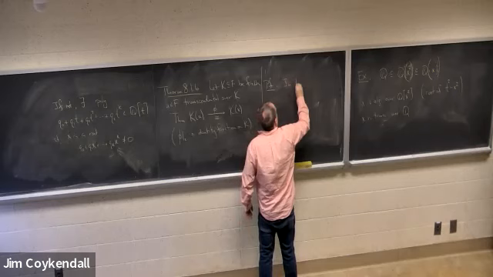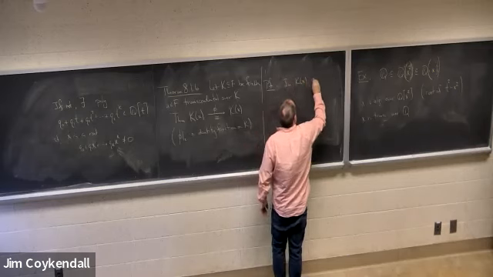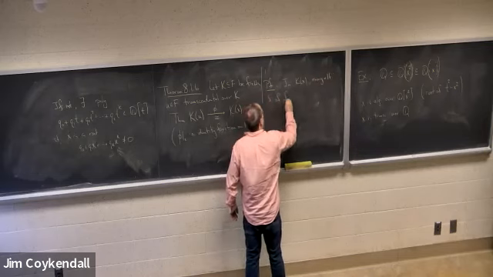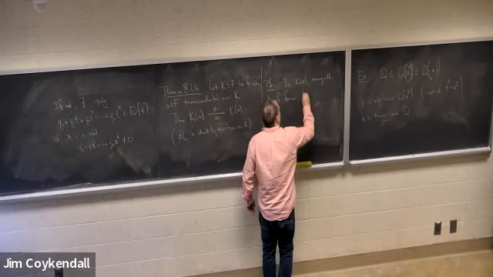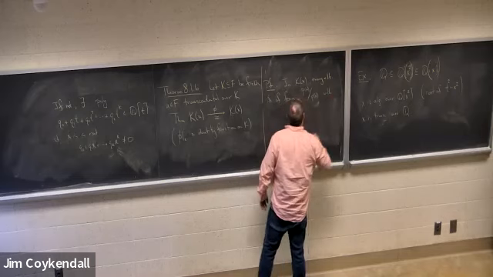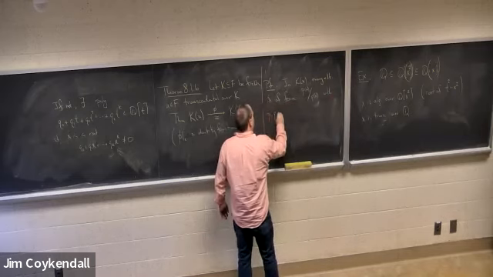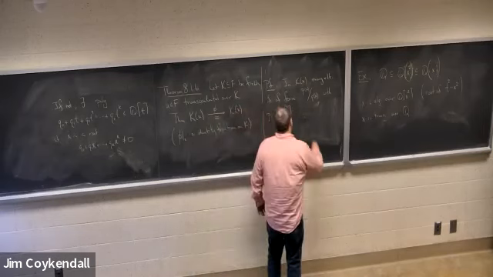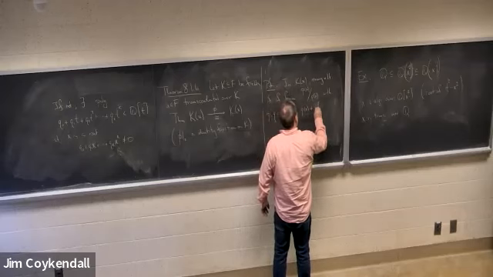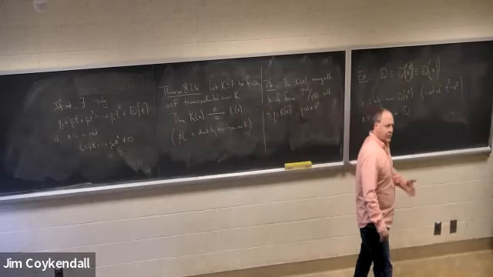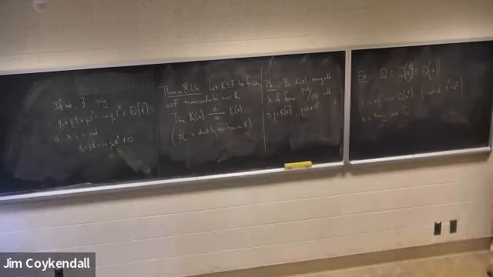In K(X), every element is of the form P(X) over Q(X) with P and Q in K[X]. So these are polynomials, and Q(X) is not the 0 polynomial. All I'm saying here is rational functions just look like a quotient of two polynomials, P(X) over Q(X), and I just want Q(X) to be a non-zero polynomial.